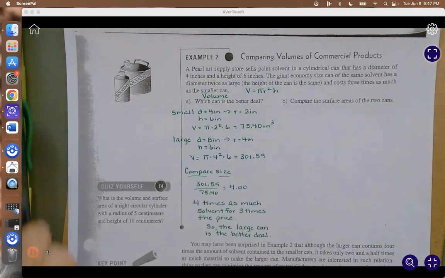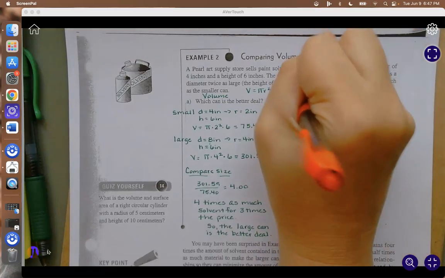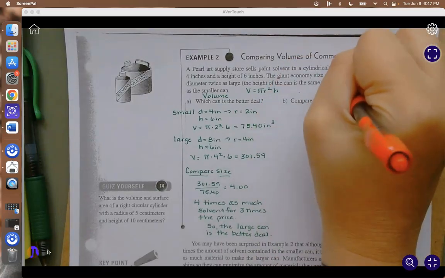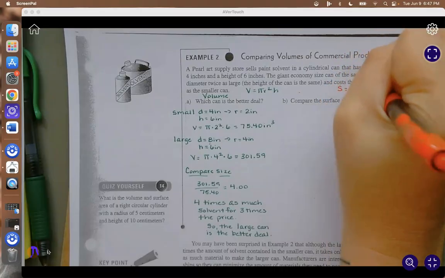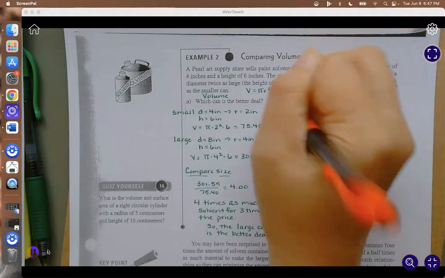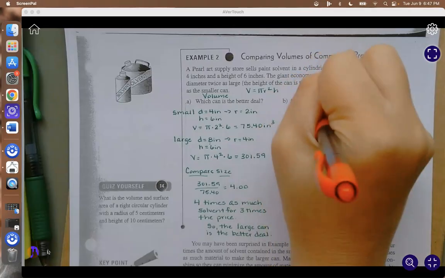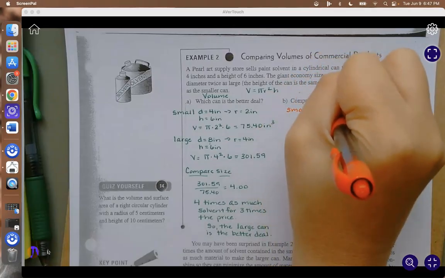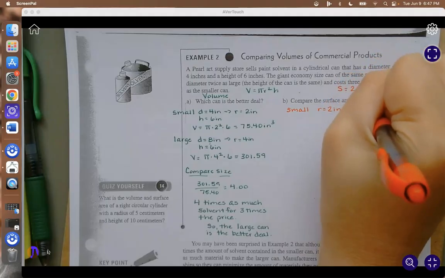All right. Now let's come over here and compare our surface area. Remember, our surface area is 2 pi r h plus 2 pi r squared. So let's do the small can. Our radius is 2 and our height is 6.